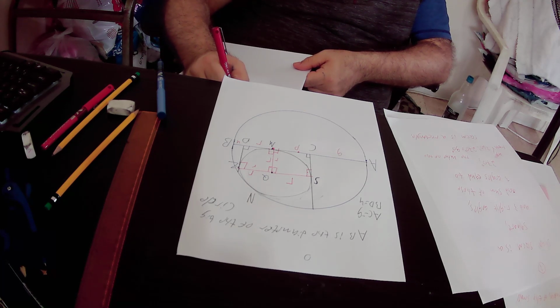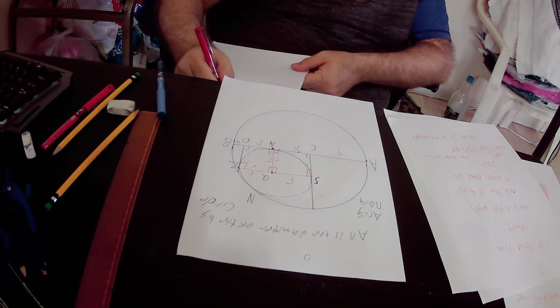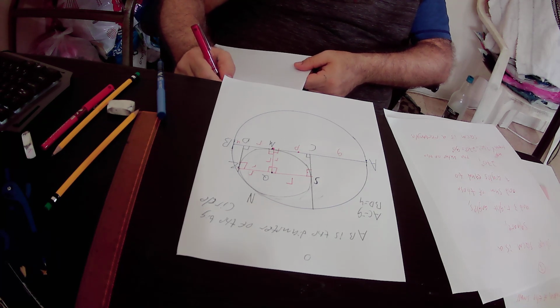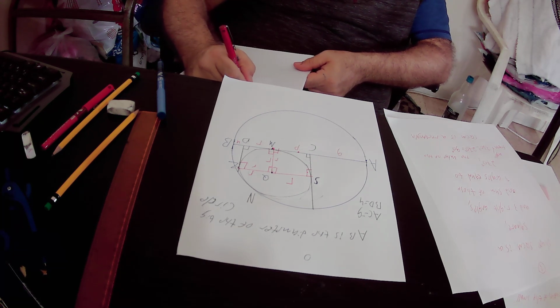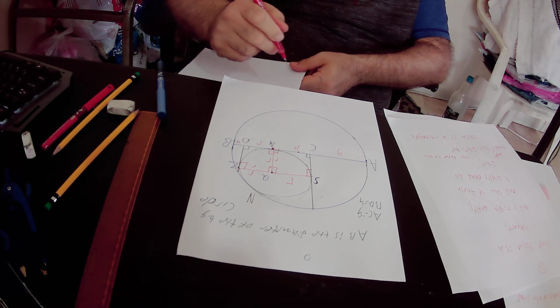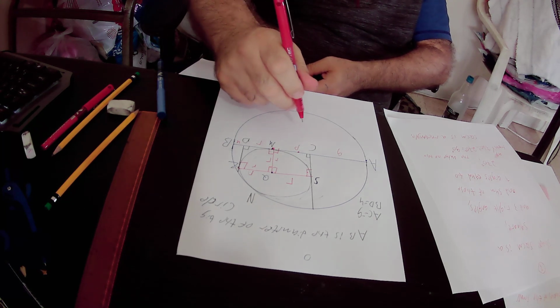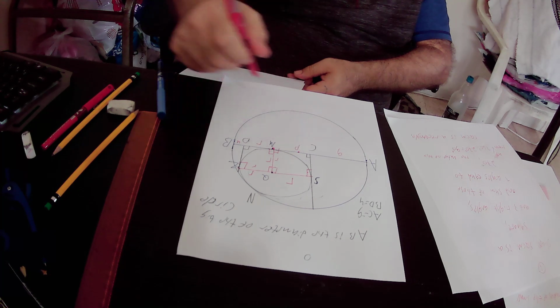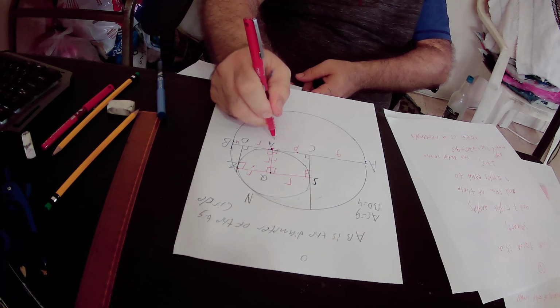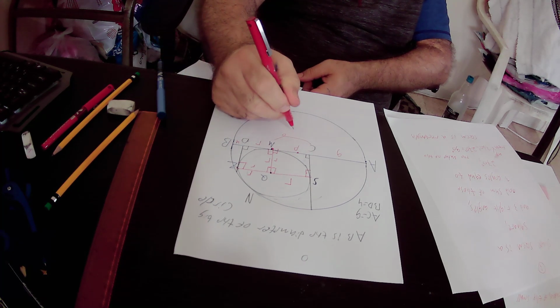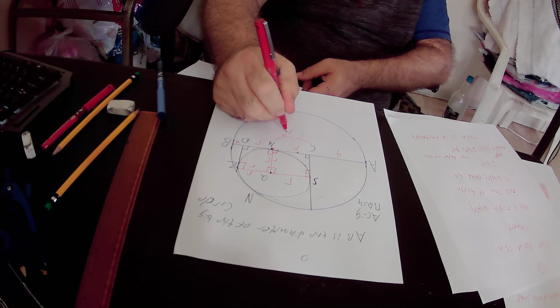But we know that SQ equals R, so CM also will be equal to the radius of the small circle. Okay, so CM equals the radius of the small circle.